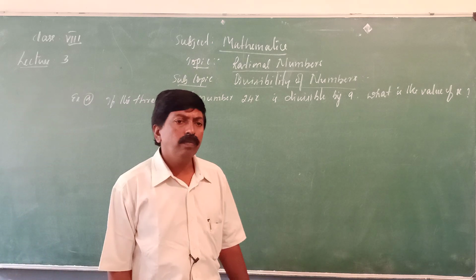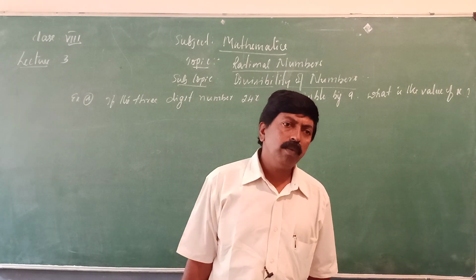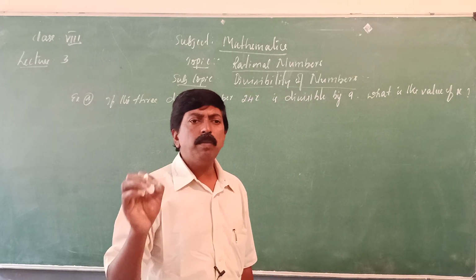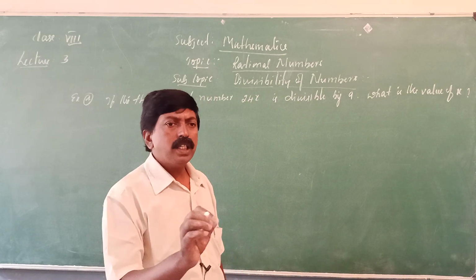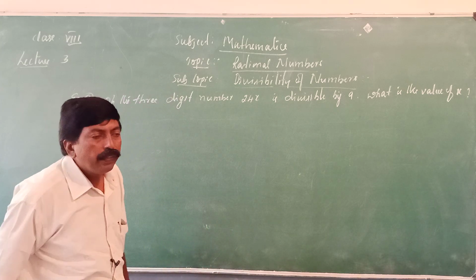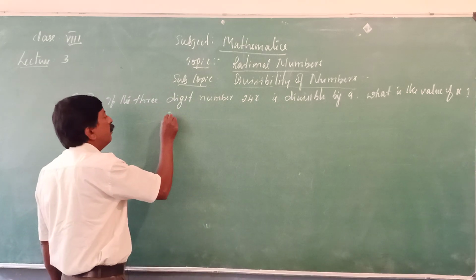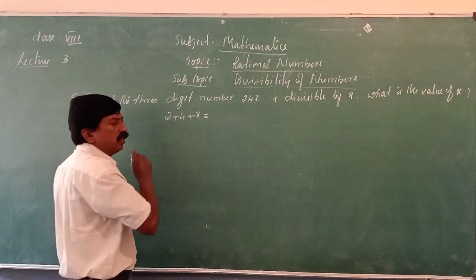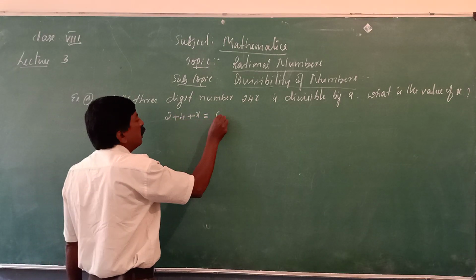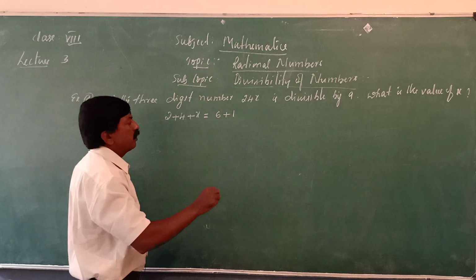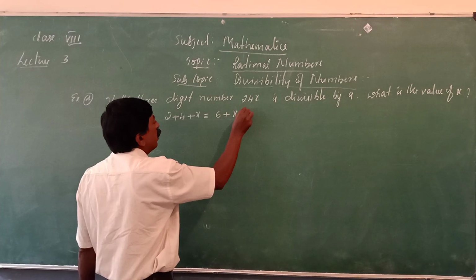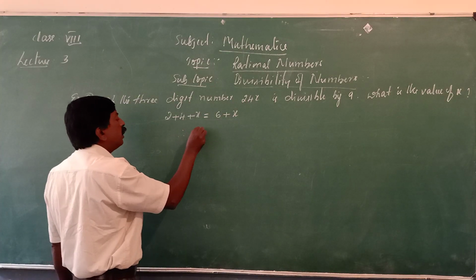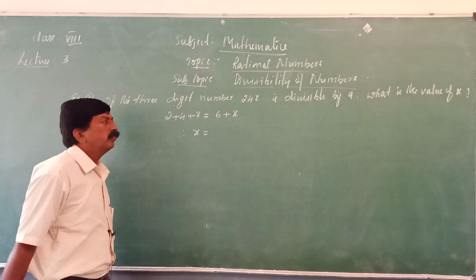As we all know, if a number is divisible by 9, its sum of digits is also divisible by 9. Therefore, find its sum: 2 plus 4 plus x, which is 6 plus x. Now you can identify the x value.